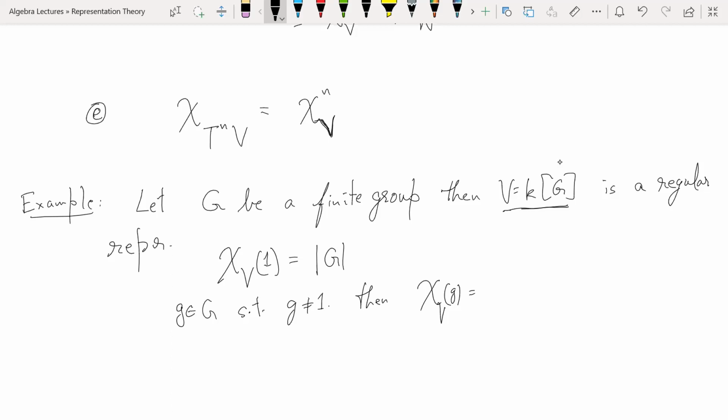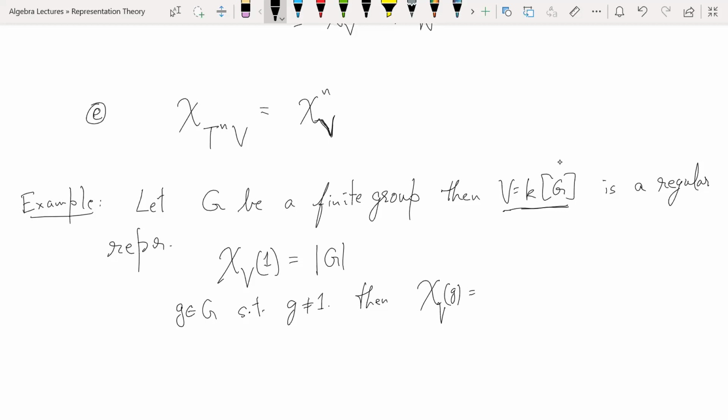And then you know what the trace of a permutation matrix is. Permutation matrices have only ones and zeros, right? Each row has exactly one 1 and the rest are zeros, and each column also has exactly one 1.